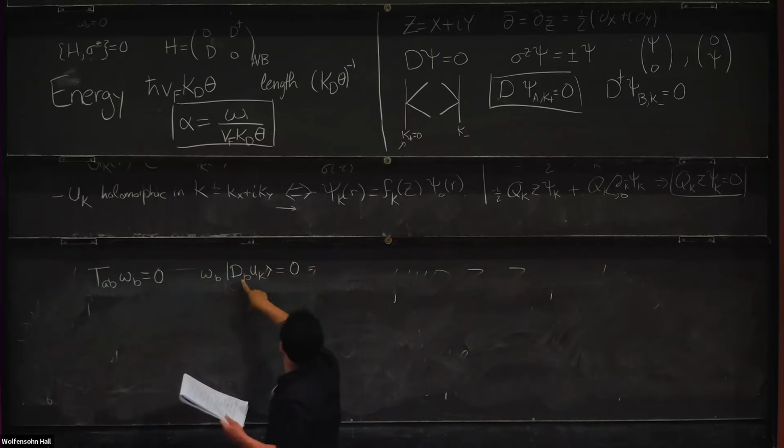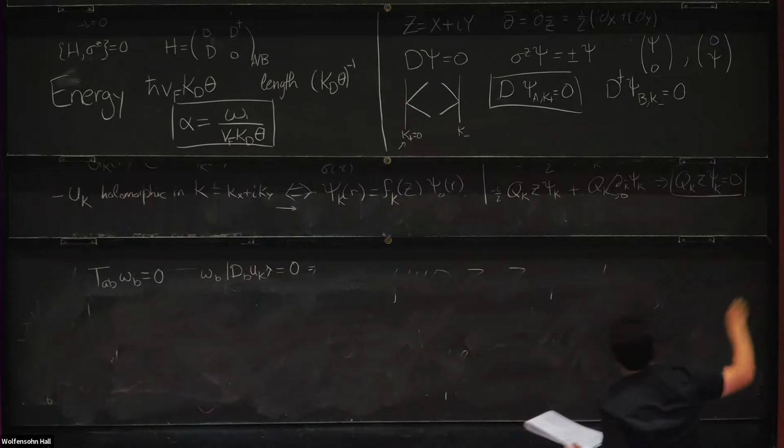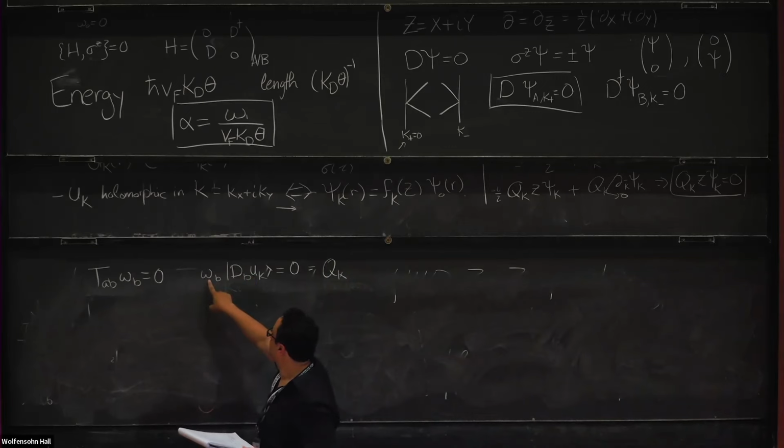And from this, we can deduce that, from the definition of this D that is here, which has this Q, we will get that Q_K has a linear superposition of dx and dy, but dx has 1 and dy has i, because that's the form of the vector.